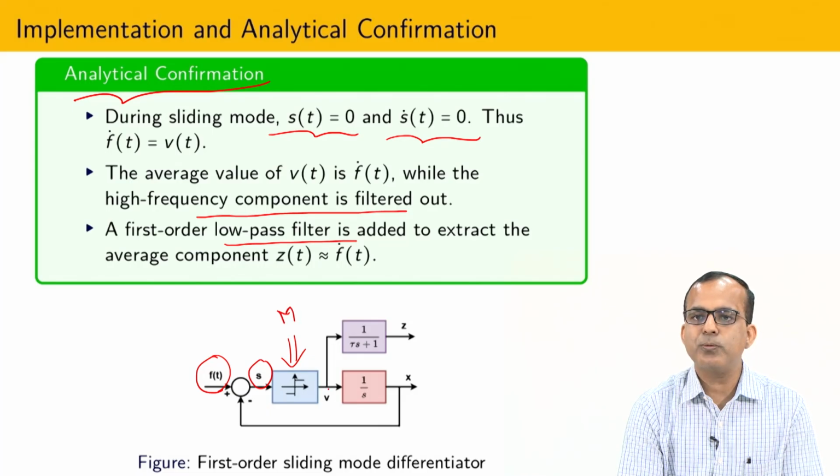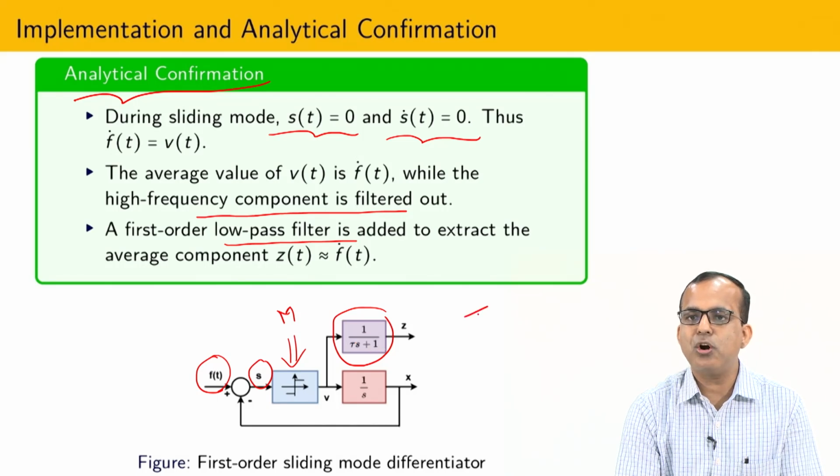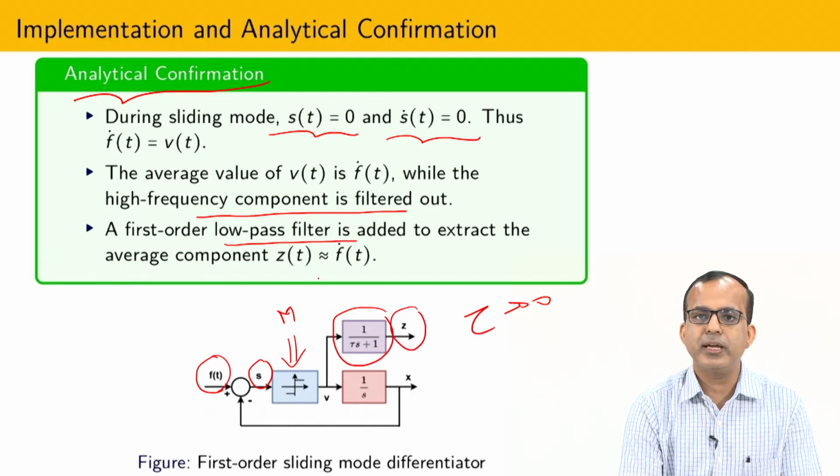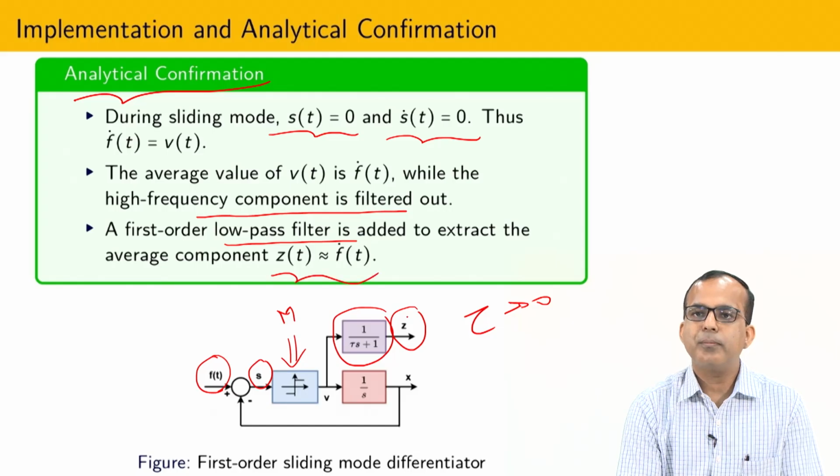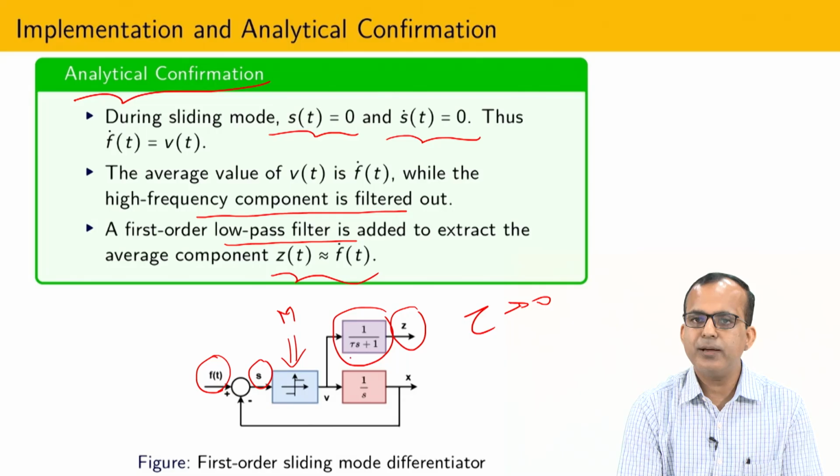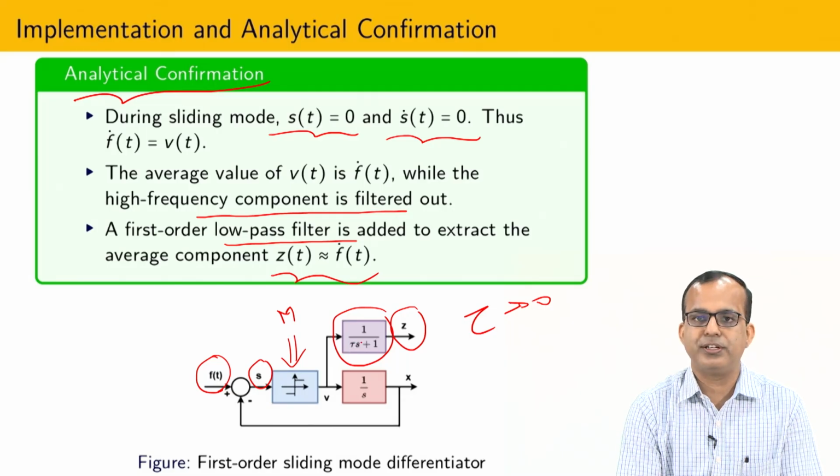Whatever output comes, if I pass it through the low pass filter, this is the frequency domain equivalent of the low pass filter, and if tau is very small, then the exact value of z(t) equals f dot t. Okay. So the final problem is how to design the time constant of the filter.